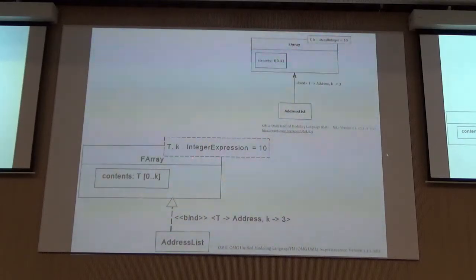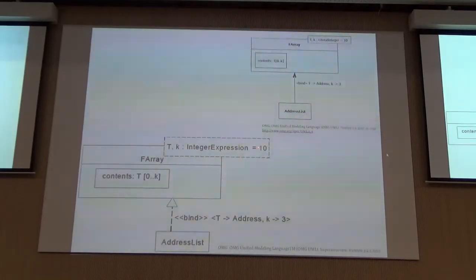And this description says that we have this generic array that has these parameters. So it is parameterized by the type that will be held or carried in this array, and the number of positions for the instances of that type.